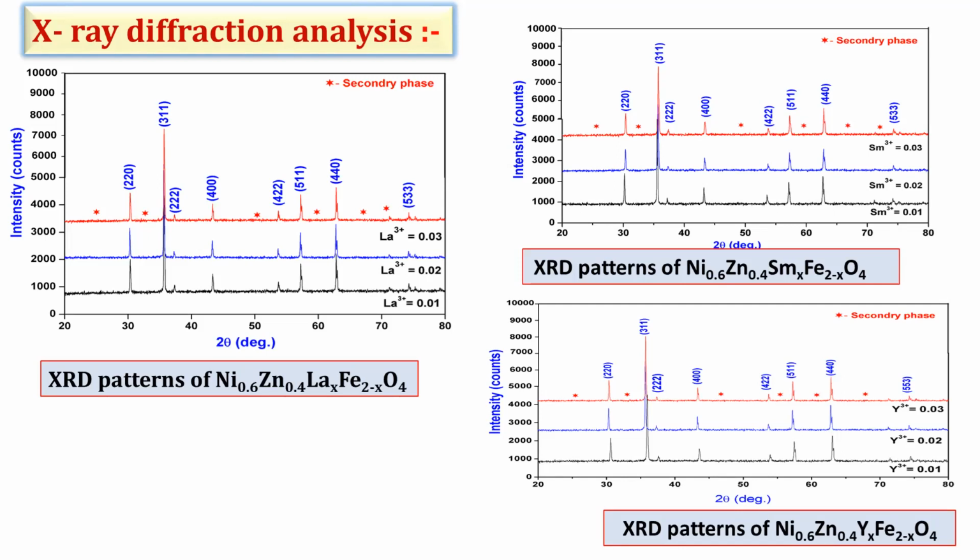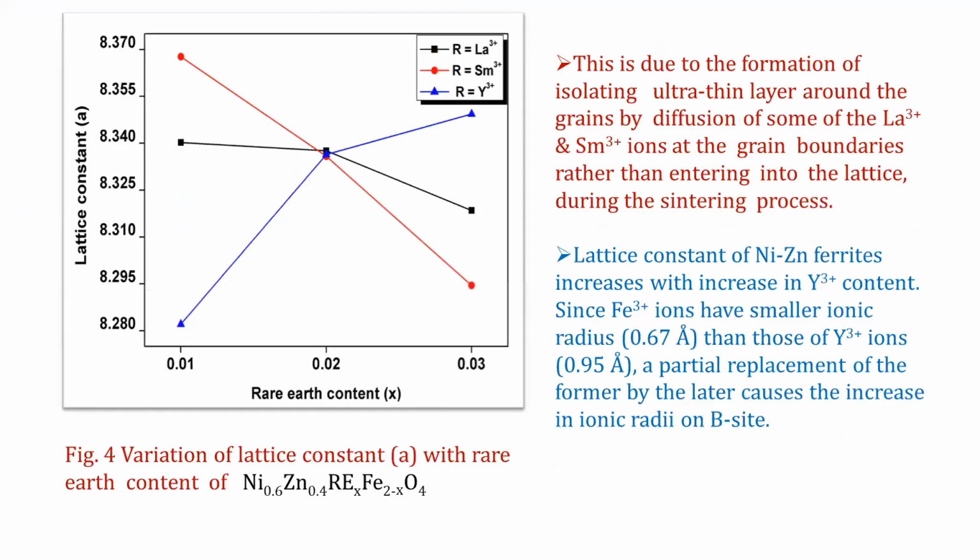While in the case of both these patterns, lanthanum as well as samarium do not enter the lattice, and that is why the lattice constant of lanthanum substituted as well as samarium substituted nickel zinc ferrites decreases with increasing rare earth content. This may be due to the formation of an isolating thin layer around the grain boundaries rather than entering the lattice.